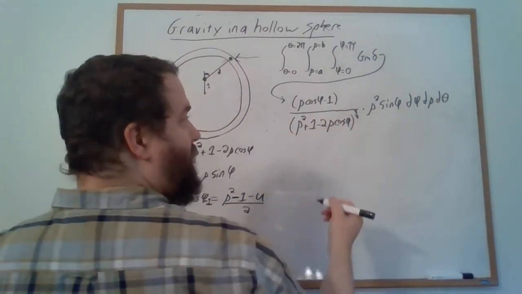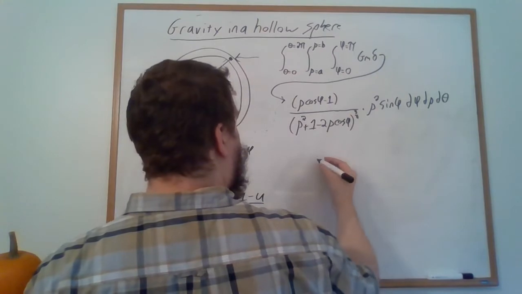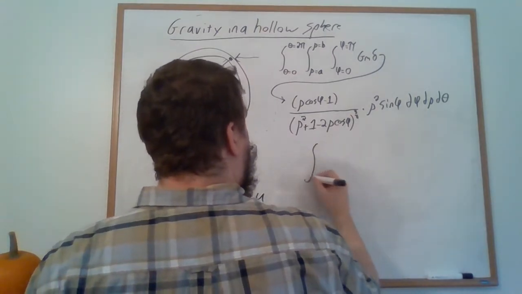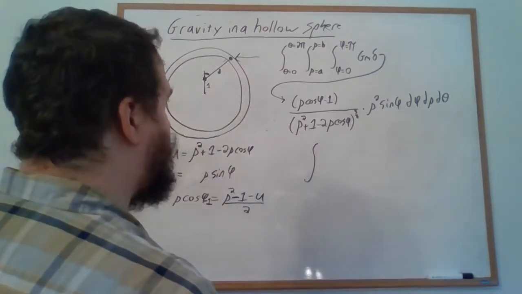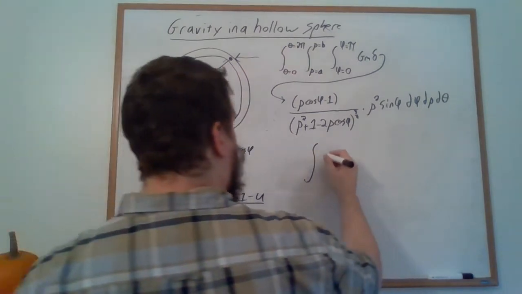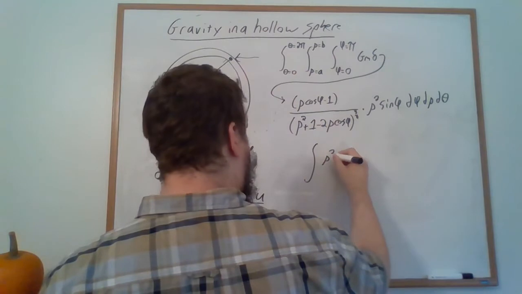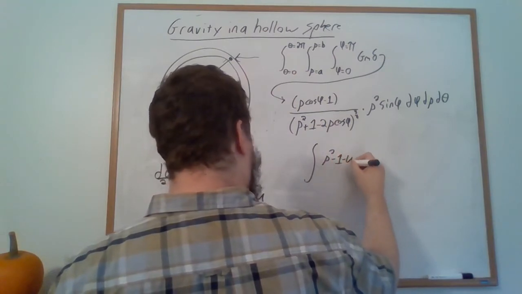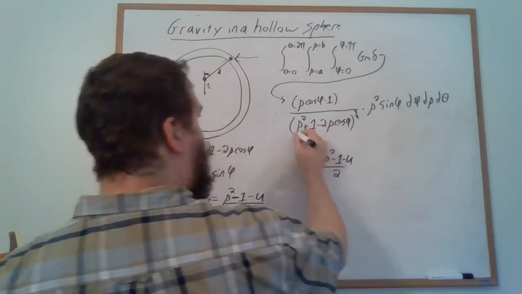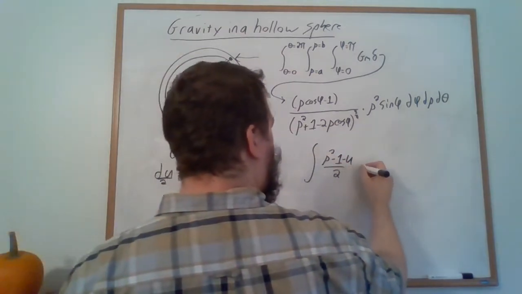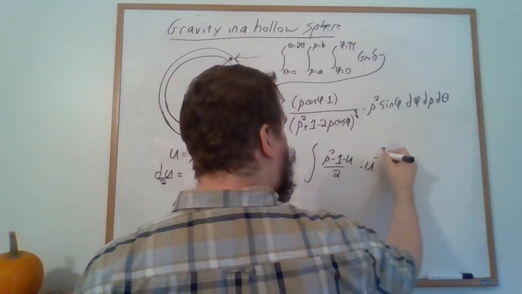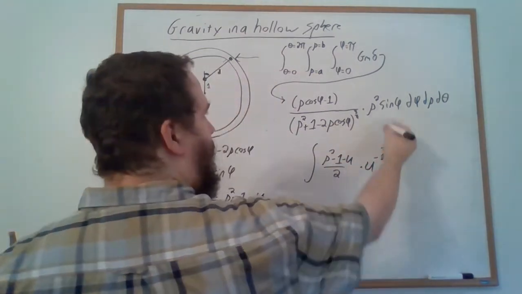So here I'm interested in integrating. Let's see, this term here gives us this. This denominator term gives us u to the negative 3/2.